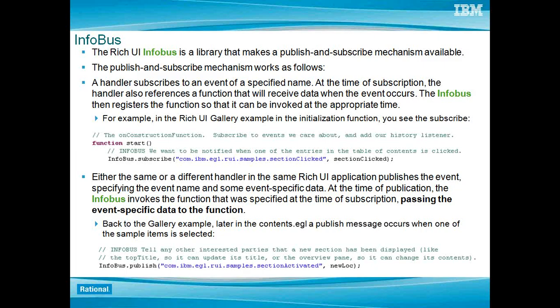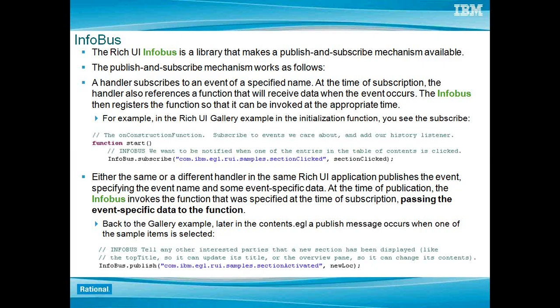On the subscriber, we have given com.ibm.egl.rui.sample.selectionClicked. This whole string is the event ID. And the second parameter is selectionClicked. This is the event function name that will be called once this event has occurred, or this subscriber is listening to something from the publisher.